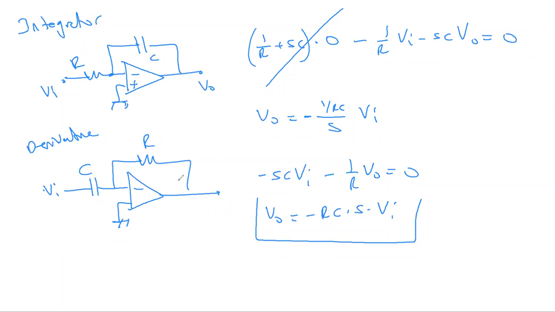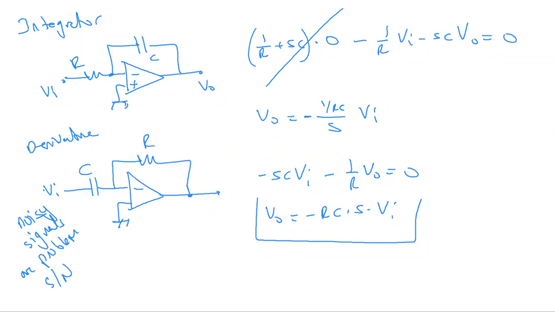So we don't like this kind of circuit to be used in noisy signals. The signal to noise ratio is going to be degraded drastically. So this is not a very good circuit to be used. You have to use it with caution.